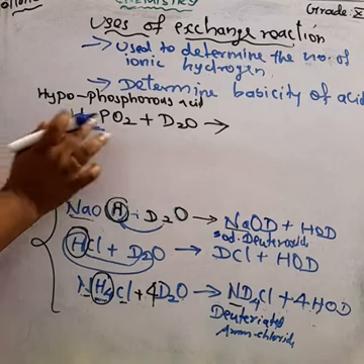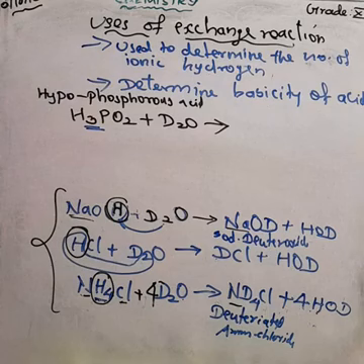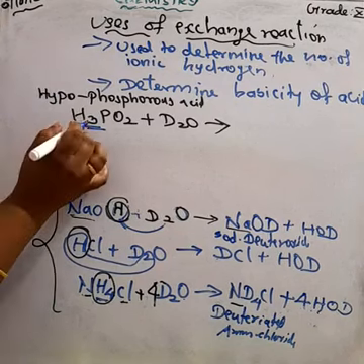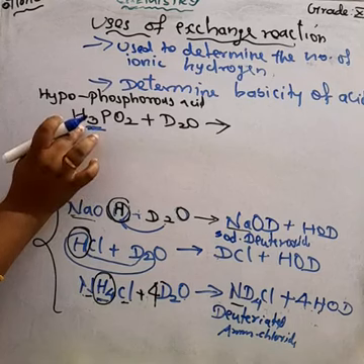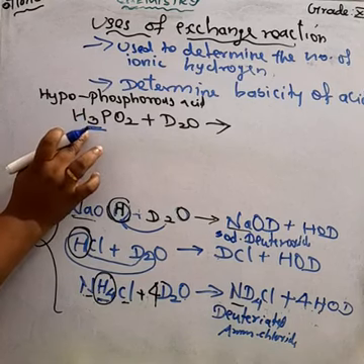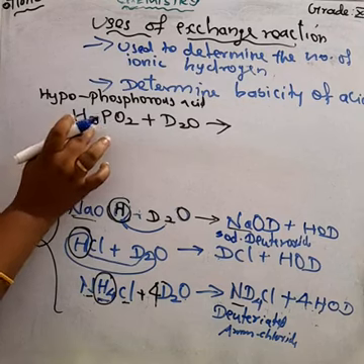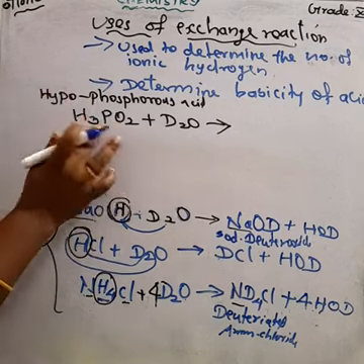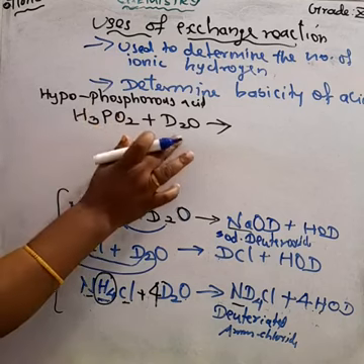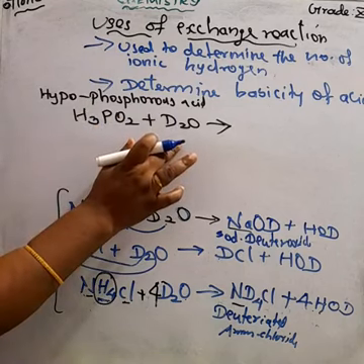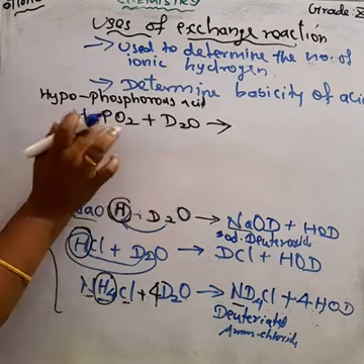When treated with deuterium oxide, the heavy water, only one hydrogen is replaced. How many hydrogen atoms are there here? Three hydrogen atoms in total. But here all three hydrogen atoms are not replaced. Only one hydrogen atom is replaced by the deuterium from the heavy water.